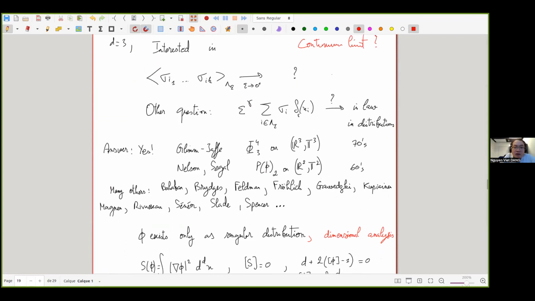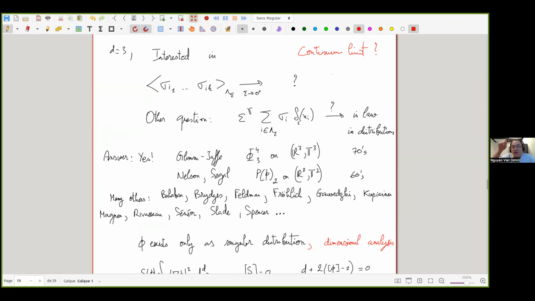You want to ask, if you rescale in a proper way your correlation functions, do they converge in the continuum limit? And more generally, if you rescale the discrete fields, do they converge in law as random functions, random distributions? Exactly in the same way as for random walks: if you rescale random walks, do they converge in law to the Brownian motion? I mean, it's the same kind of question.